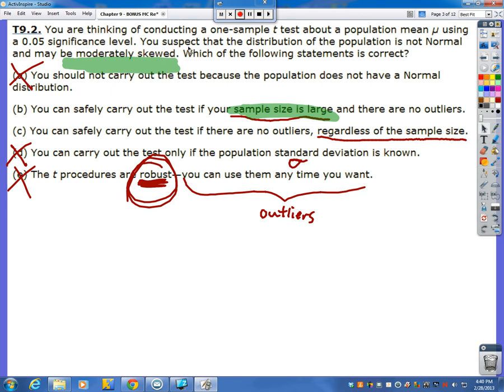A larger sample size will turn that moderately skewed population distribution into an approximately normal, or approximately t distribution, due to the central limit theorem. So here, even though they're talking about no outliers, there may still be skewness there. And skewness will start to go away with a much larger sample size due to the central limit theorem. So again, I would pick B as the final answer.